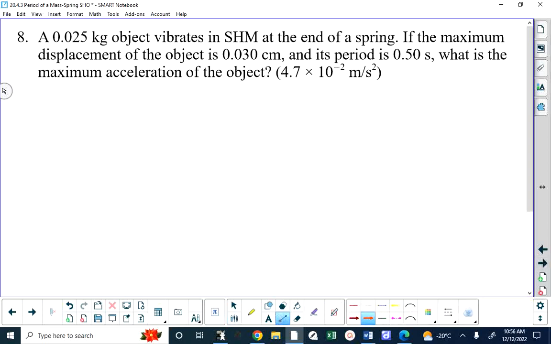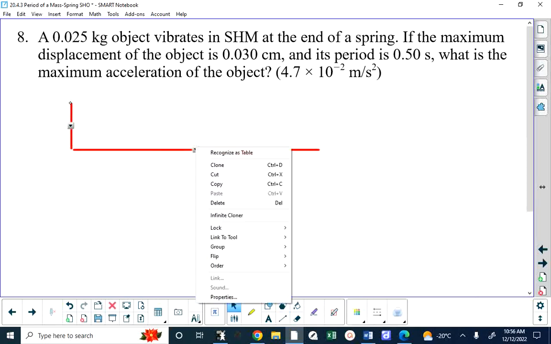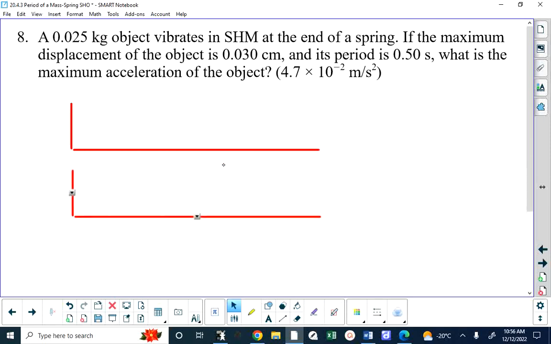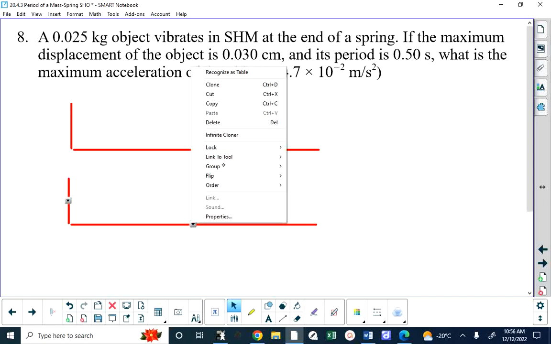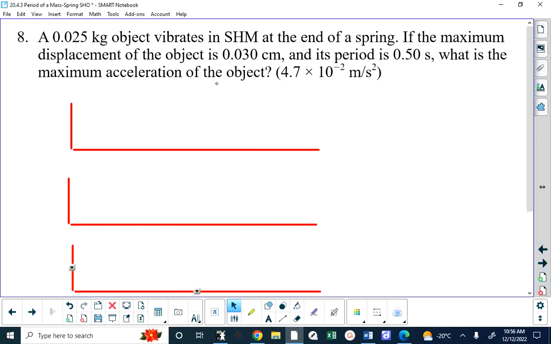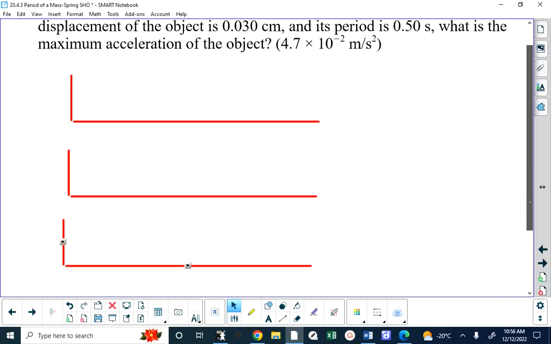And I'm going to quickly construct 3 diagrams here. The first diagram is going to show the system when the spring is compressed as much as possible.